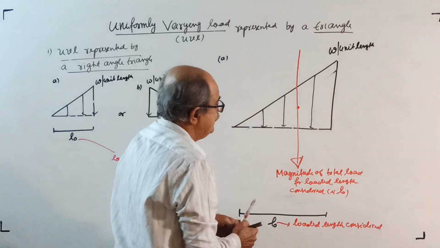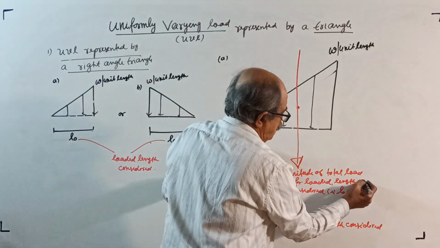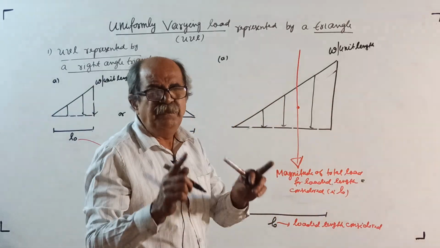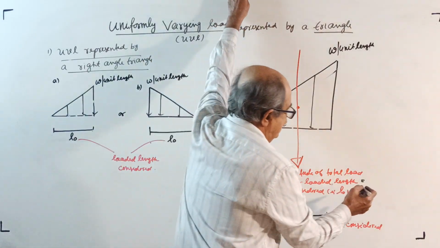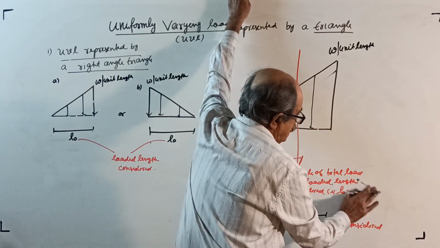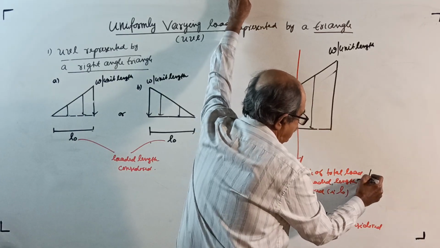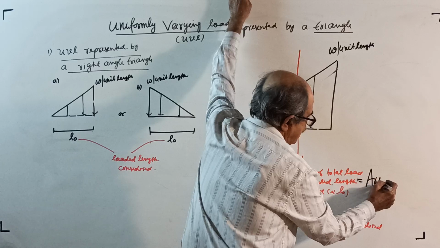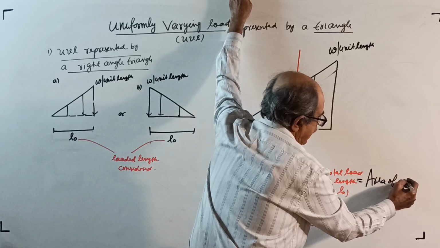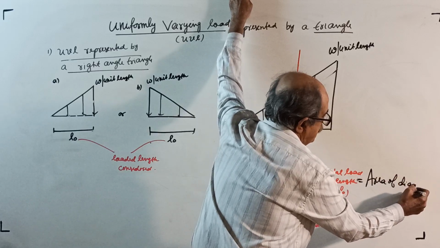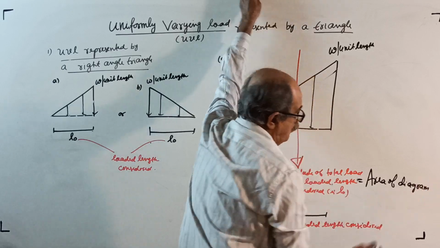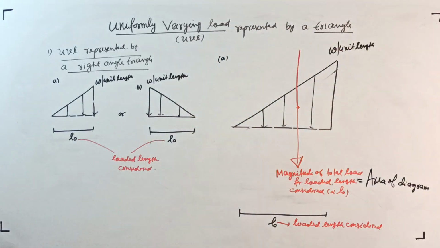Now, how to get it? It is equal to, as I told repeatedly, the area of the diagram. I hope it's not out of the camera. Area of the diagram, yes, within the camera.